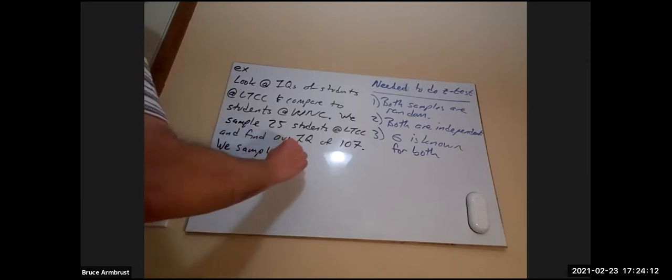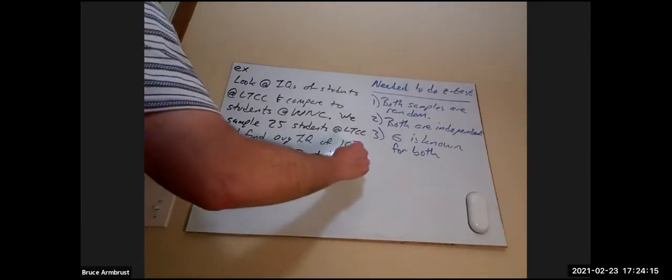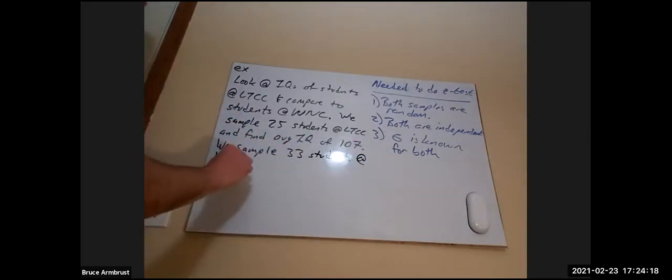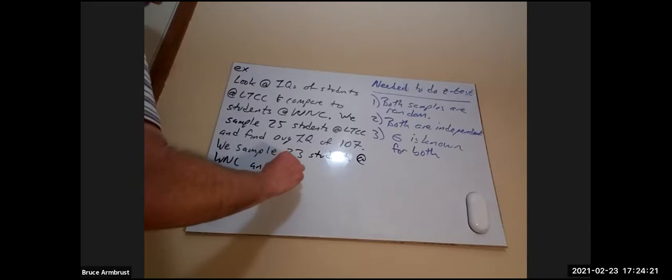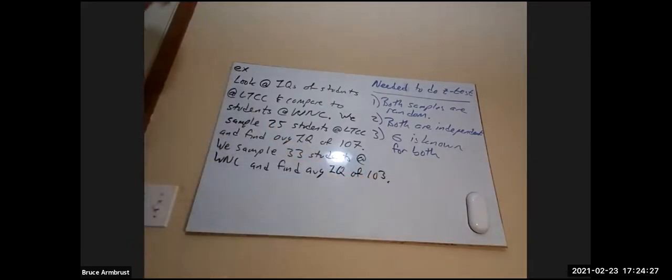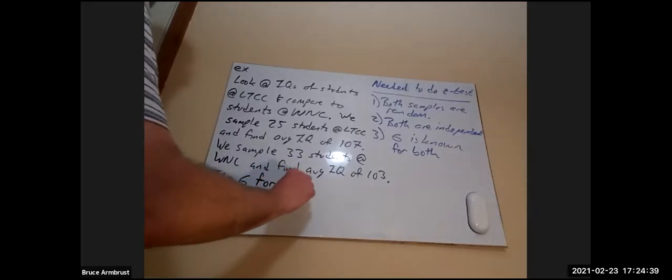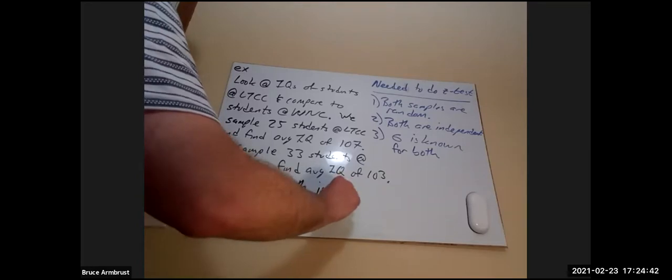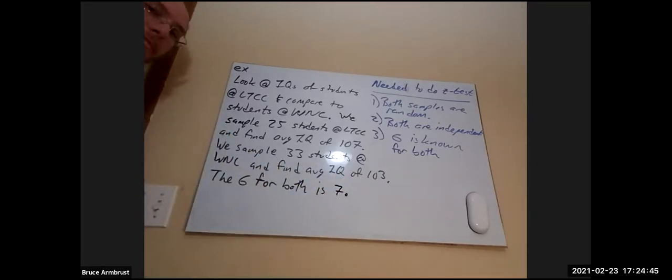We sample 33 students at WNC and find an average of 103. And we'll say that the population standard deviation for both is 7. Okay, so maybe we just know, like, in general, students, they're going to have this standard deviation.